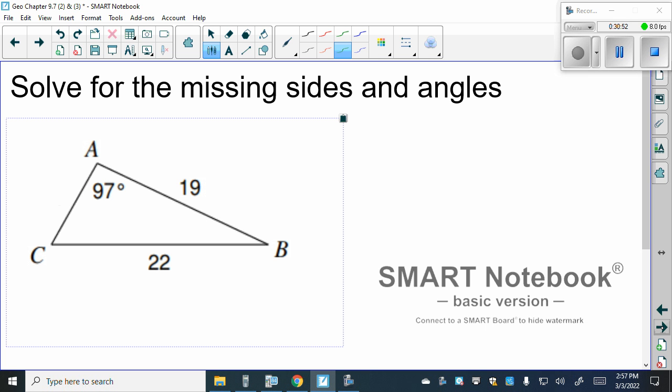So the front two, you're having to solve for an angle and two sides. The two on the back, you're having to solve for two angles and a side.